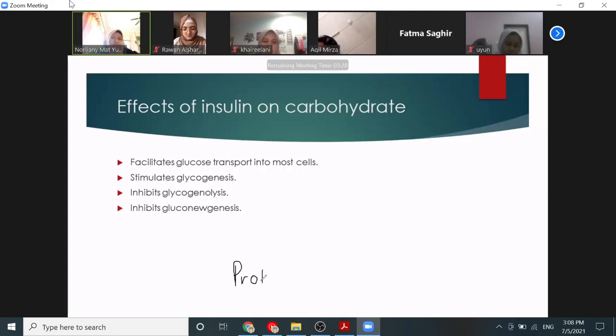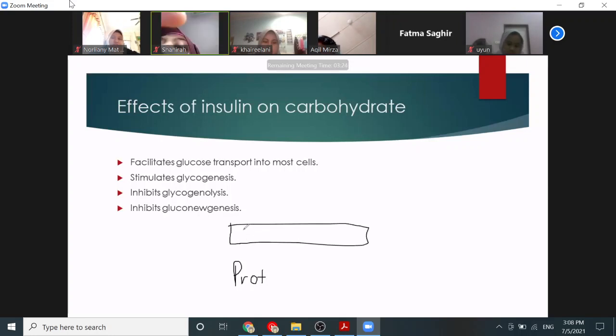So what's our base? The most important thing is that insulin has to decrease blood glucose. So what's the effect of insulin on protein? Promote anabolic process.